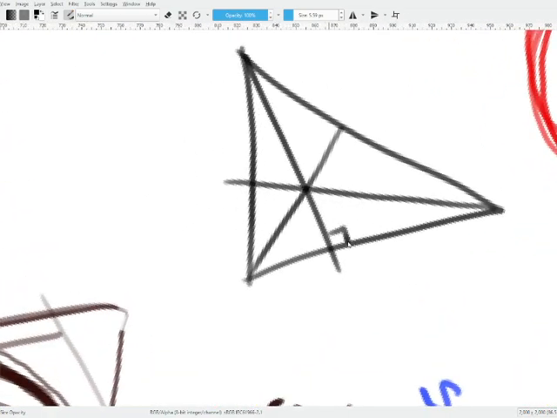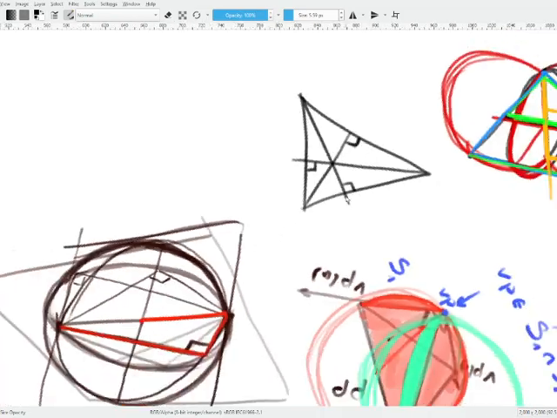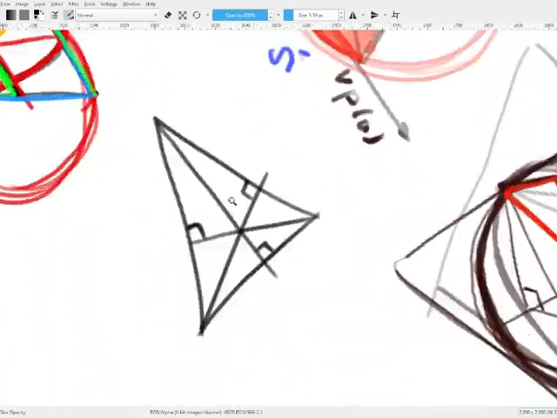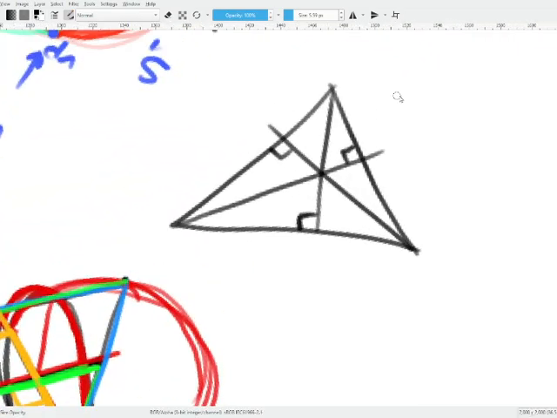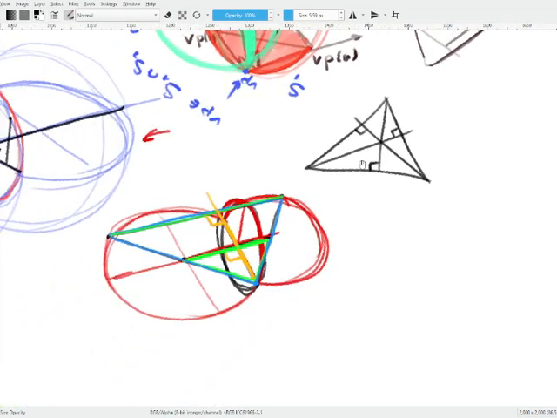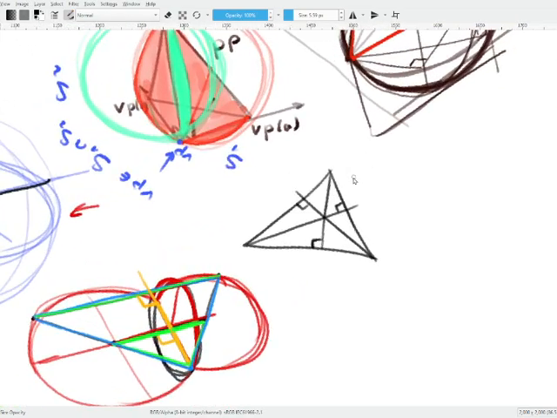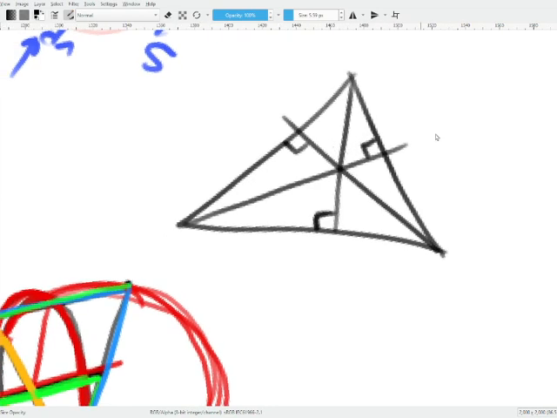From geometry, we know that all heights of the triangle should intersect in the same point. And as we showed, our viewing direction, the projection of the viewer position on the picture plane, should lie on the green line, on this magenta line, and on this dark blue line.